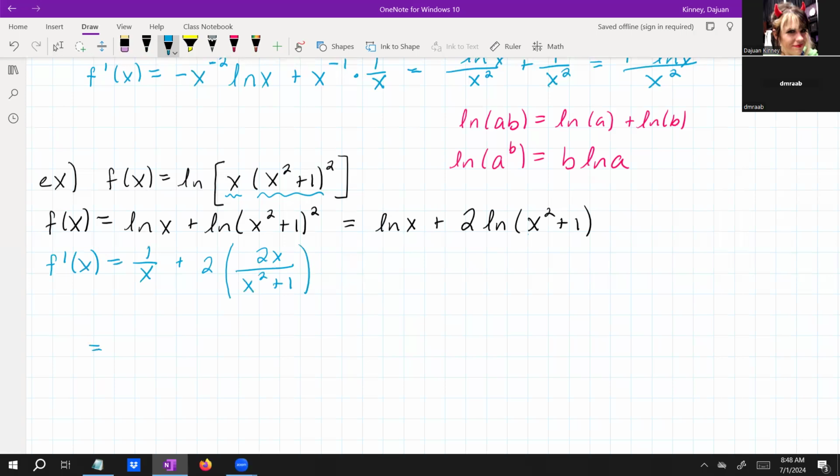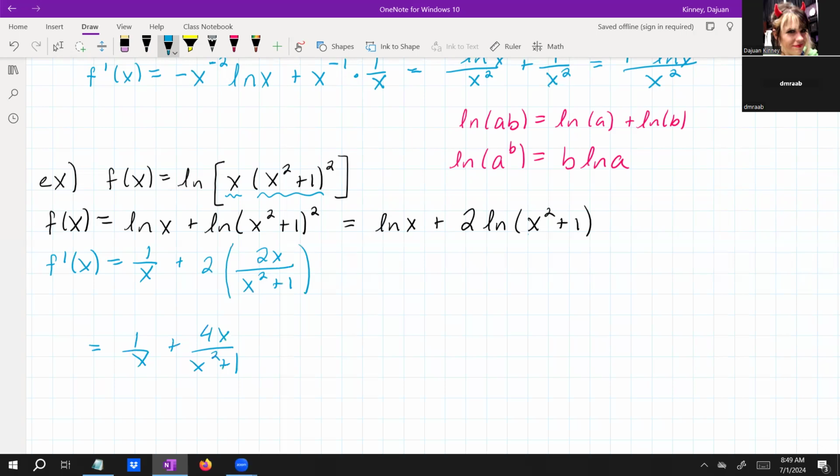I could clean this up a little bit. I'm not going to do a ton to it. And that's that for these. So I could get a common denominator, but it honestly doesn't make my problem look any nicer. It's quite the opposite.